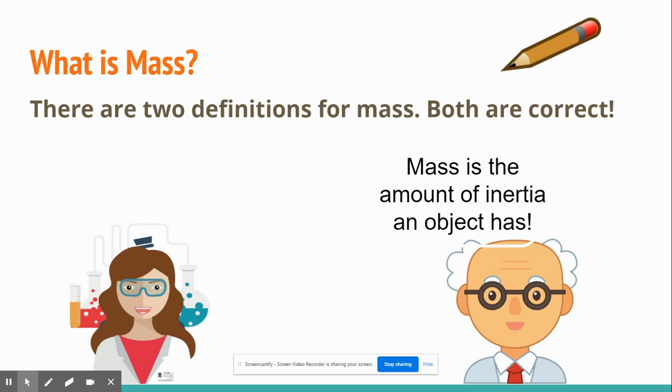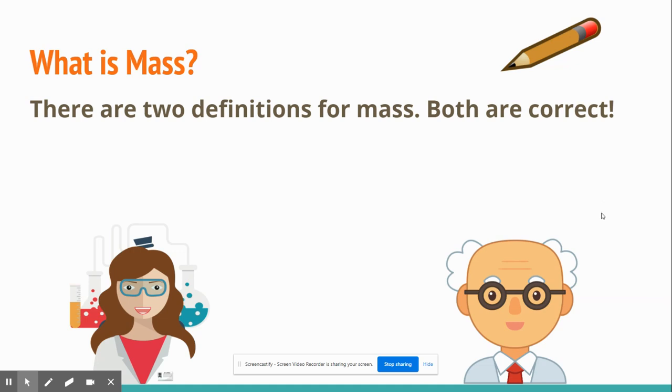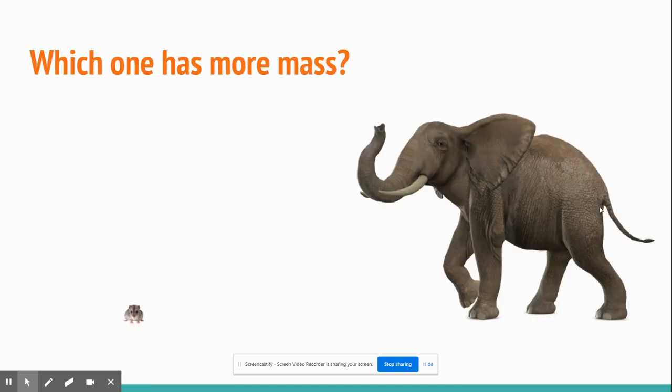So this resistance to a change in motion is called inertia. So in physics, when you're thinking in terms of motion and forces, mass to a physicist is the amount of inertia or resistance to that change in motion that an object has. Now, these are both right. They're both right. It's just a different way of thinking about that word mass, okay?